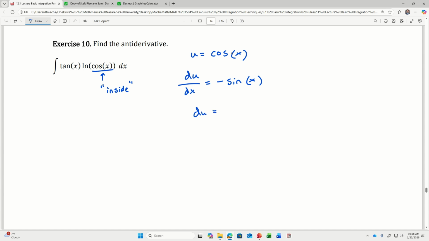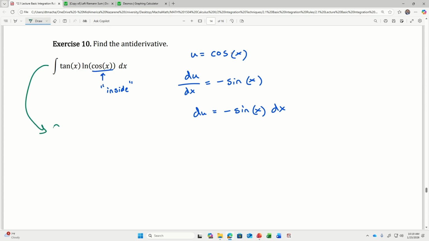And so the thing I would try is to look for a place where I've got negative sine of x dx, and then replace it with du. Maybe this does work. Let me try it out and see if it's going to pan out.